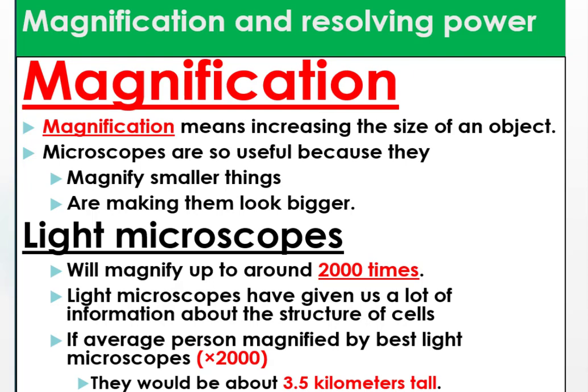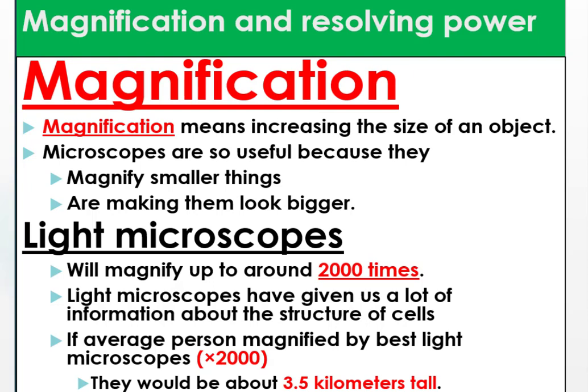Magnification means increasing the size of an object in order to make the object more visible to the human eye. Microscopes are useful because they magnify smaller things to be significantly visible to the human eye by making these objects look bigger.